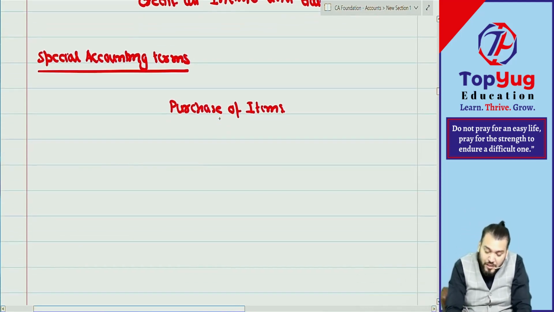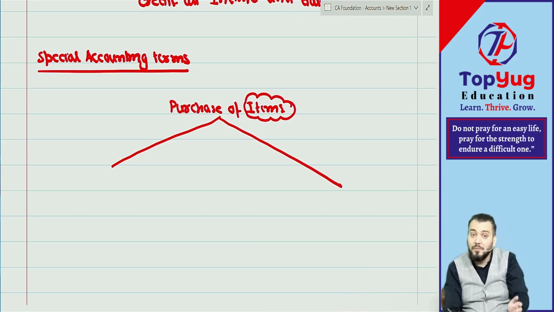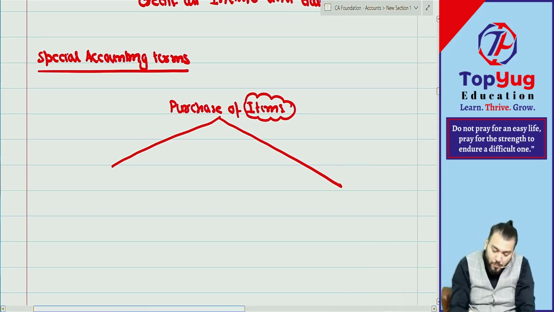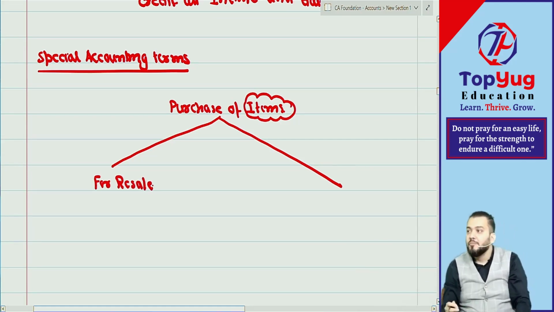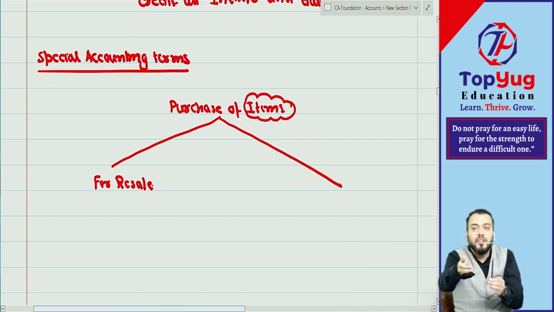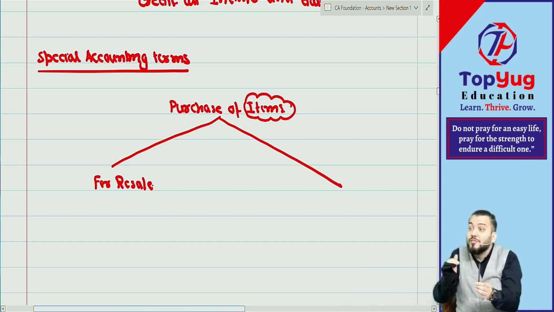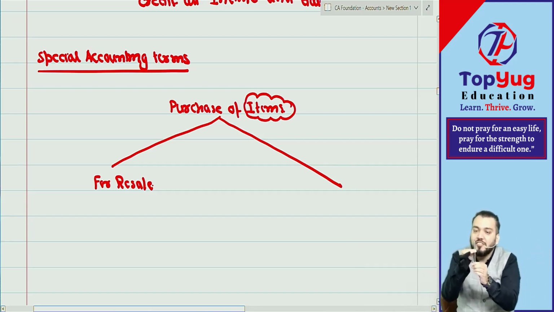Now, for the purchase of an item, whatever we have purchased, the objective is either resale or use. Understood what I'm saying? You purchase a pencil to resell it, or we purchase a pencil to use it. There are two objectives. I will purchase this pen either to use it or to sell it.